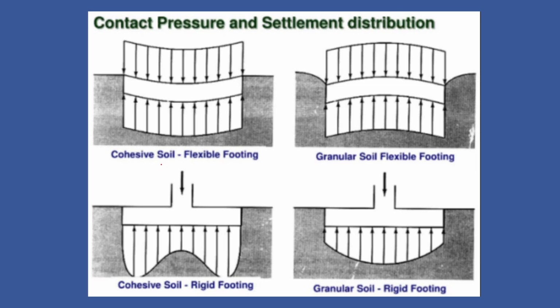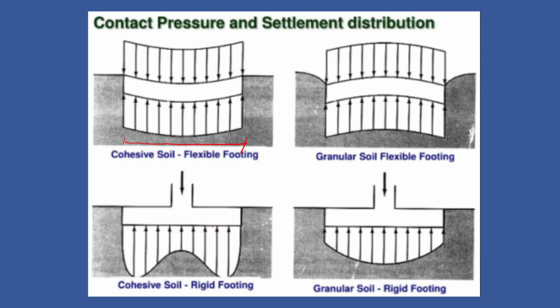In a flexible footing, we assume that there will be deformation in the footing, but the pressure which the footing is subjected to will be uniform throughout the footing length. In both cases your pressure will be uniform, and to counteract the deformation we use a flexible footing. In case of cohesive soil, your footing deformation will be concave upwards, and in the case of granular soil, your footing deformation will be concave downwards.